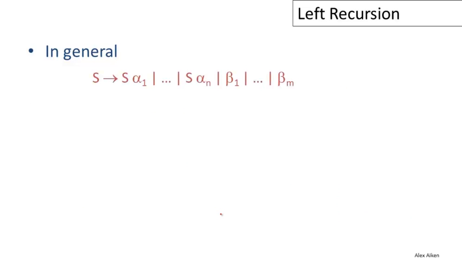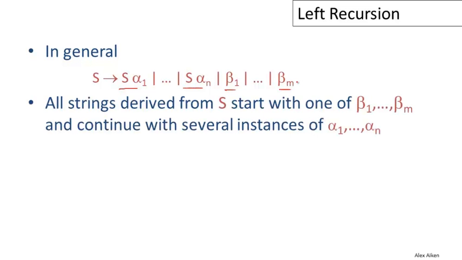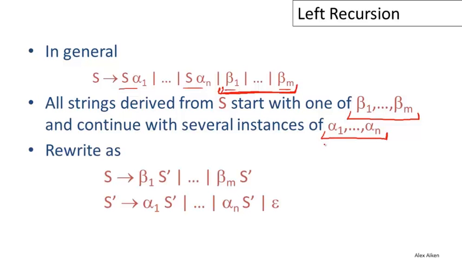So in general, we may have many productions, some of which are left recursive and some of which are not. And the language produced by this particular form of grammar here is going to be all the strings that are derived from S that start with one of the betas, so one of the things here that doesn't involve S, and then it continues with 0 or more instances of the alphas. And we can do exactly the same trick.